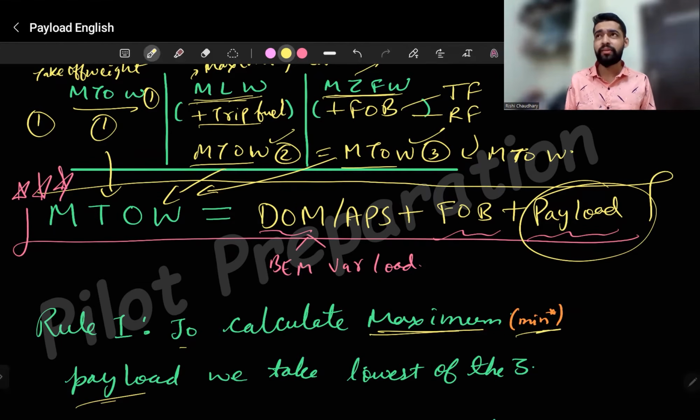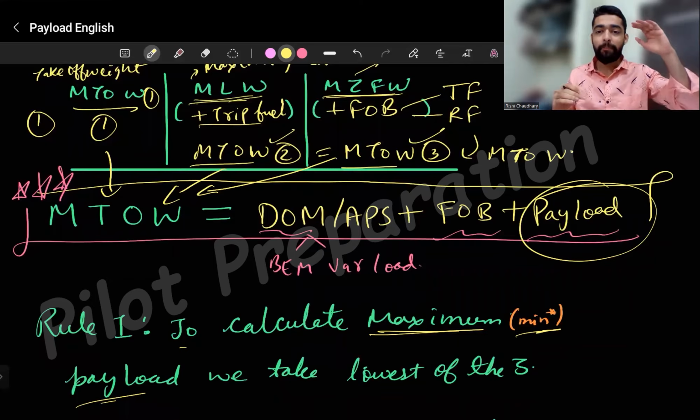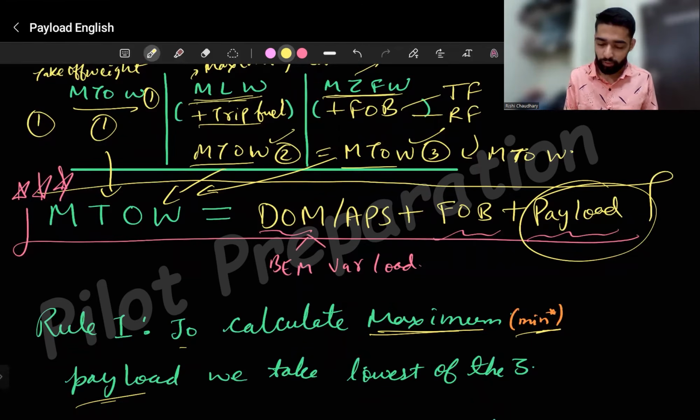Maximum payload means I want more passengers to come. I need more payload in my aircraft, but I also need to keep my aircraft safe. So I take the smallest MTOW value, and then I subtract the DOM and FOB, and whatever value I get is the highest amount of passengers or cargo I can hold in the airplane.